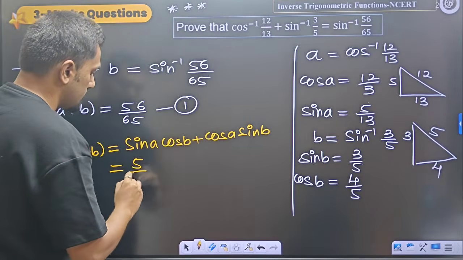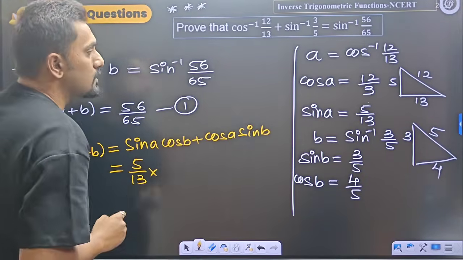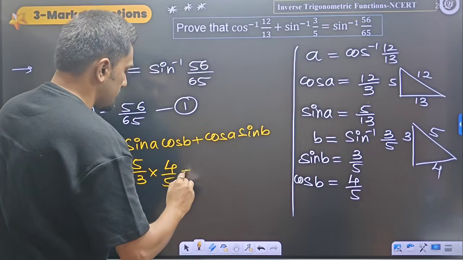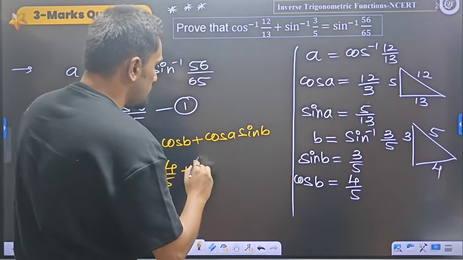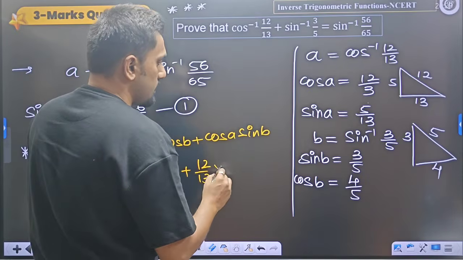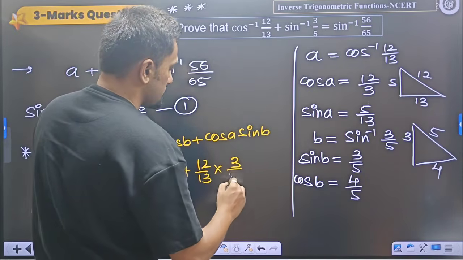That is 5 by 13. What is the value of cos B? Cos B is 4 by 5, plus cos A value is 12 by 13 and the value of sine B is 3 by 5.